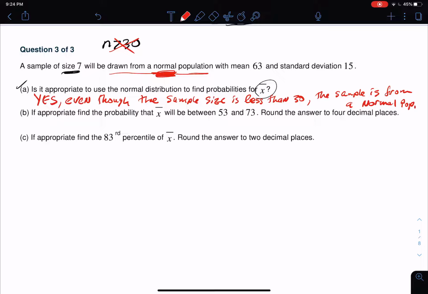Because the sample's from a normal population, we can have a small sample size and still our sampling distribution will be normal. So is it appropriate to use a normal distribution? Yes, because we're sampling from a normal population.